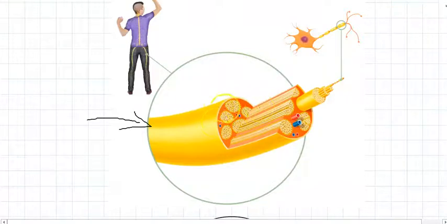So you can see it's made up of tissue holding it all together, and that's connective tissue on the outside.